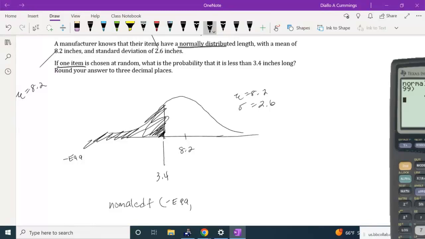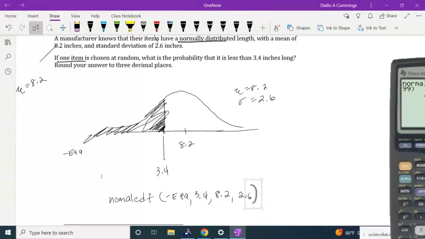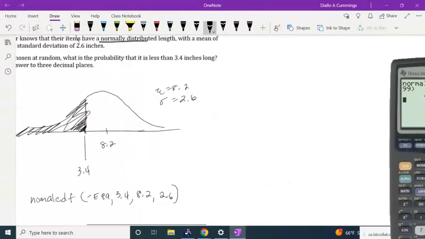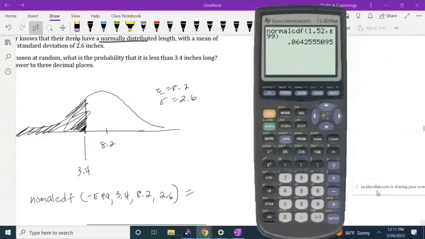The upper limit is 3.4. Since this is not a standard normal curve, you must include the mean and the standard deviation. All right, so we put the function into the calculator.